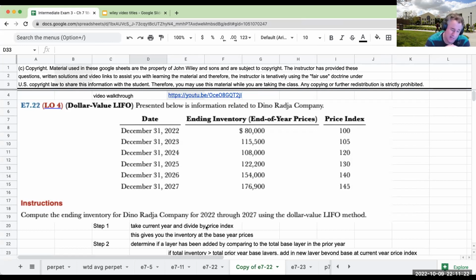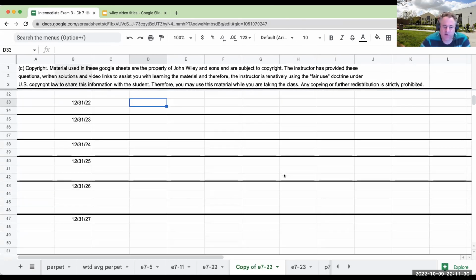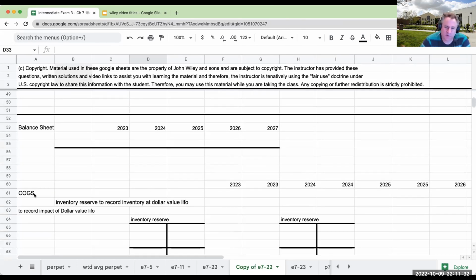And if we're using LIFO, which is last in, first out, we're going to take an extra hit to cost of goods sold, so that if there's a liquidation, meaning we start going through the older inventory that's at a lower price, the impact is going to be somewhat measured.